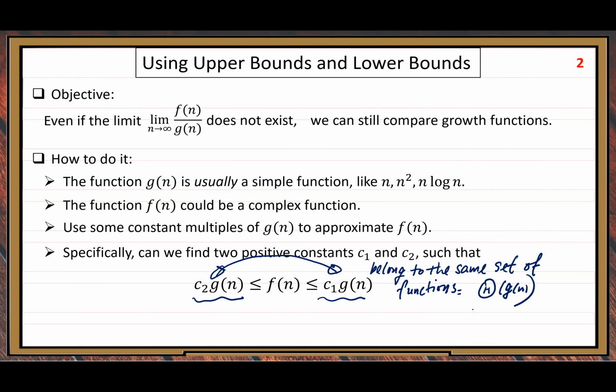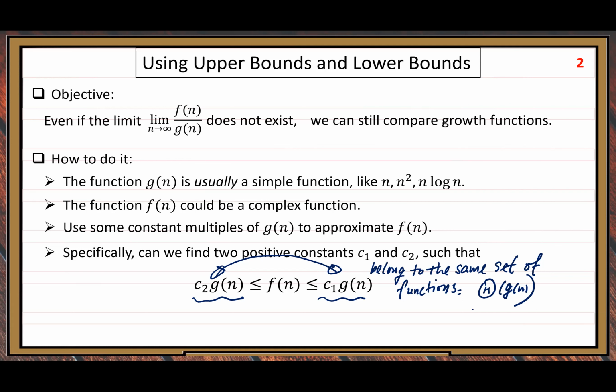Okay, so we get what we need, right? Here, we do not use the limit way. We use the inequality way. The inequality way helps us get around that limit way.